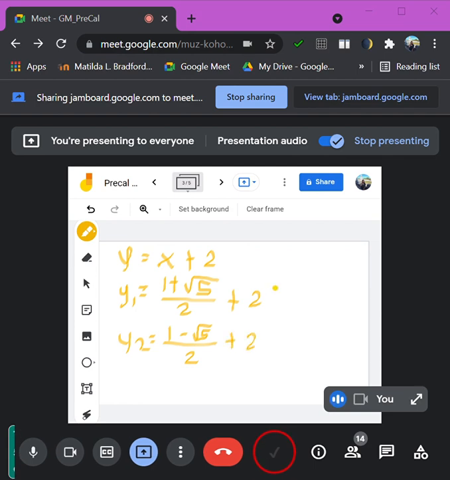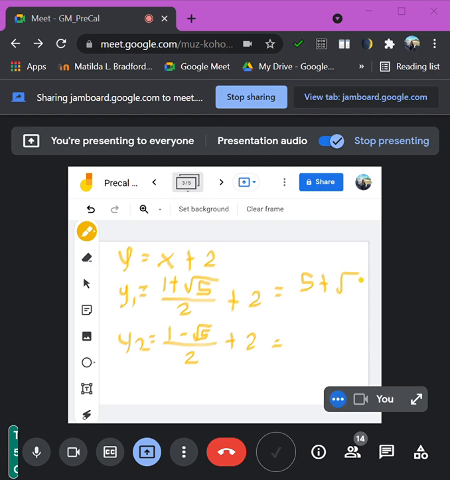To get your values of y. And then, ika-simplify ana niya, ang iyahang answer is 5 plus square root of 5 over 2. Okay? And then on the other side, you have there 5 minus square root of 5 over 2.